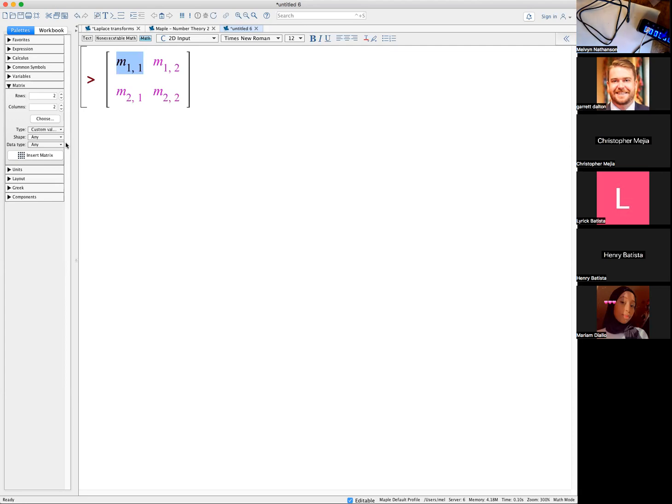So I'll just make this, I don't know, -5, 7, 11, 23. You don't have to be afraid of big numbers in Maple. Let me give this matrix a name. This is the matrix A.